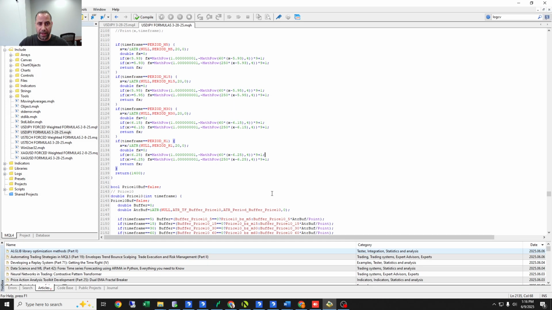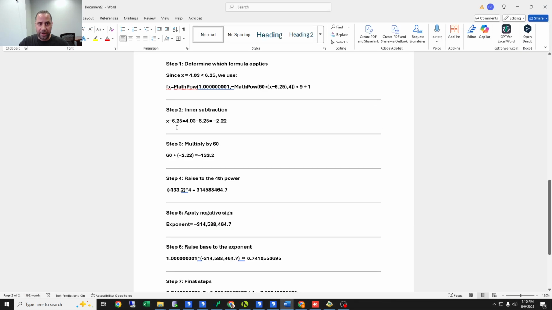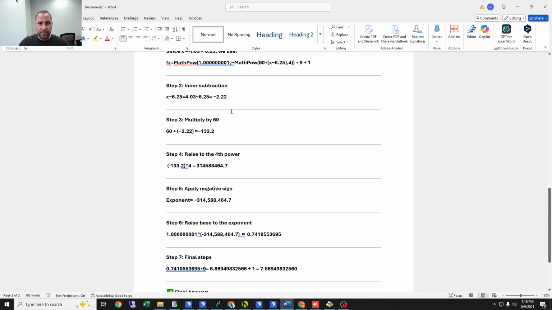Again, we apply our factor. This is the 1 hour time frame. 4.03 is going to be our x value. So obviously it's going to be this formula over here, since 4.03 is less than 6.25. So we do that, and 4.03 minus 6.25 is negative 2.22. Multiplied by 60 is negative 133.2.